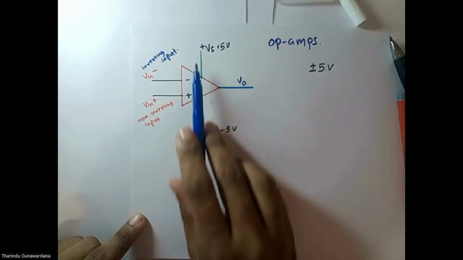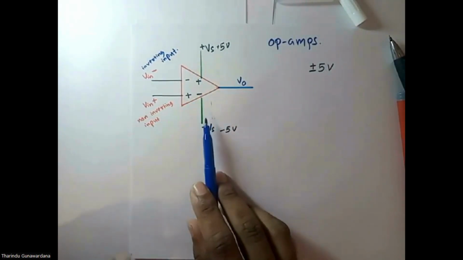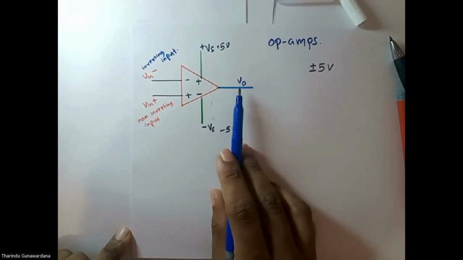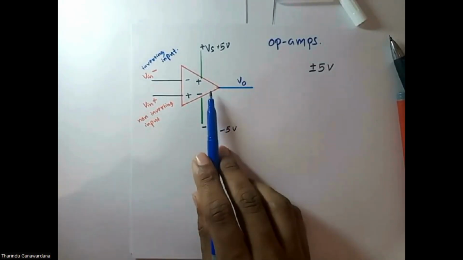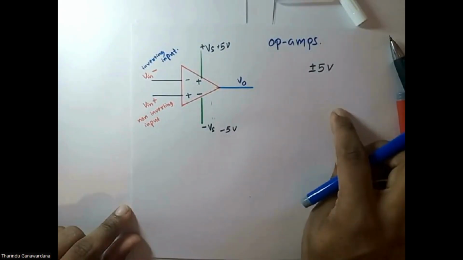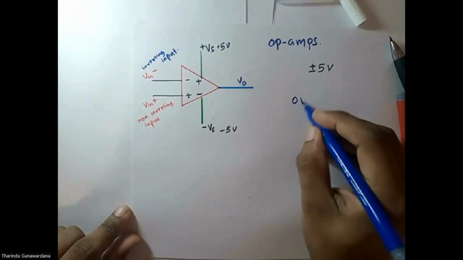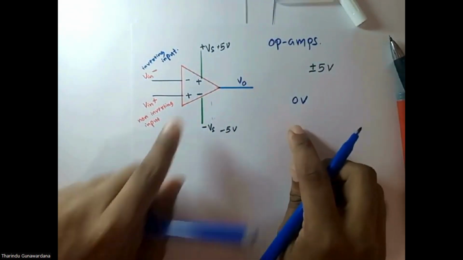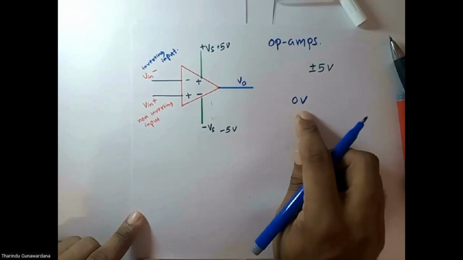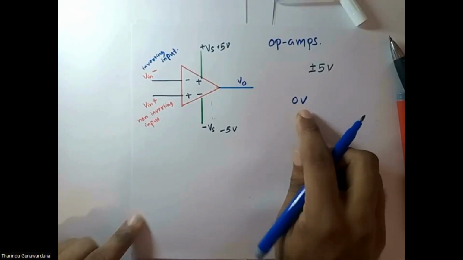These two terminals are used to power up the op-amp. This is the output. In addition, there is another one. We should connect this op-amp to the ground terminal or earth terminal, that is 0 volts.